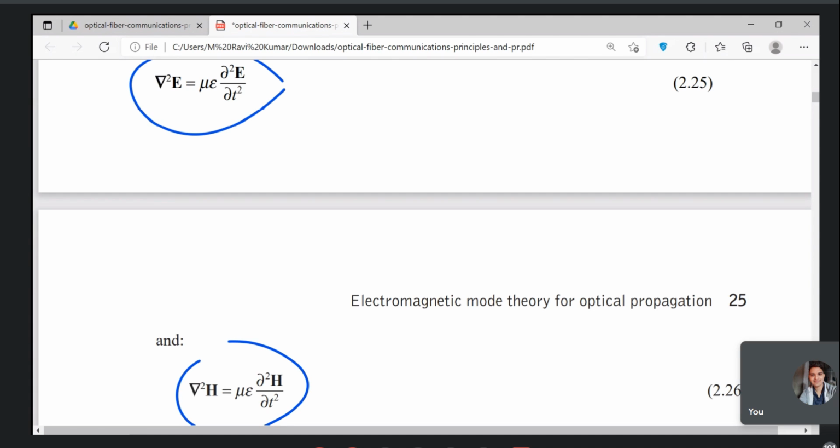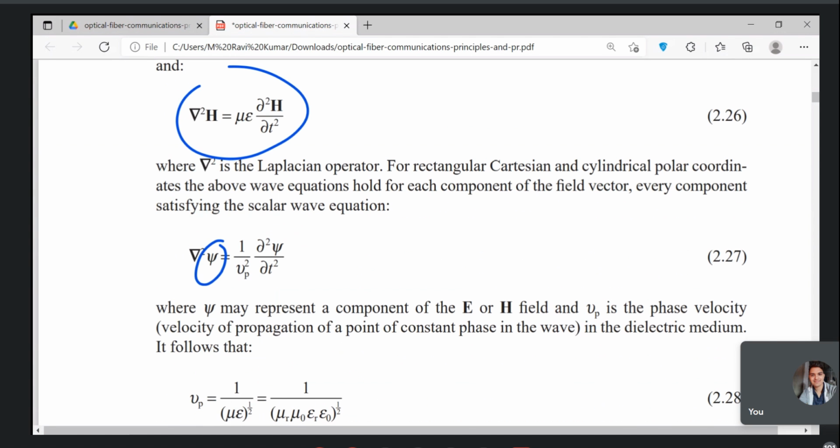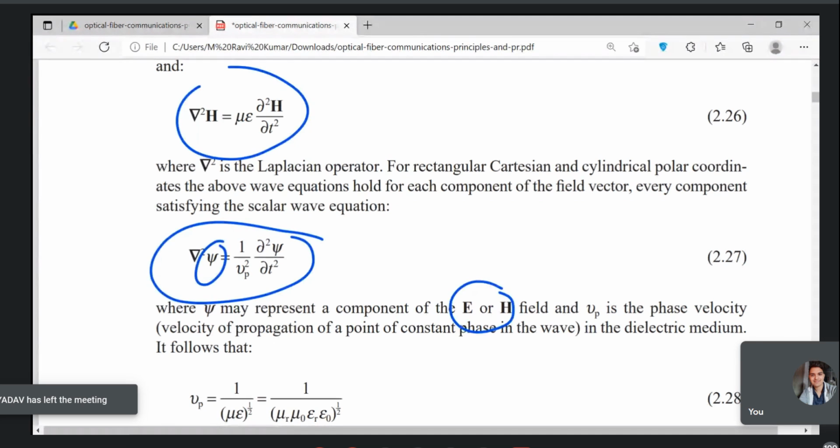So if E and H can be replaced by this psi, then you need not solve these equations separately. You can use this single expression to represent both, and this would help us to simplify the derivation. So psi can represent either E or H.